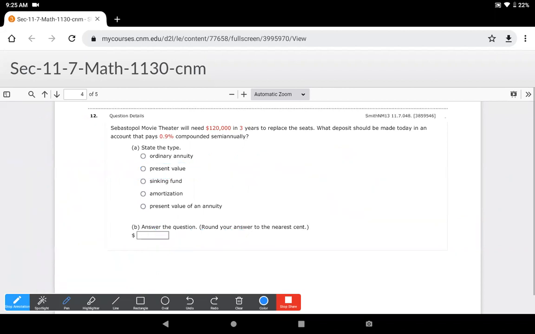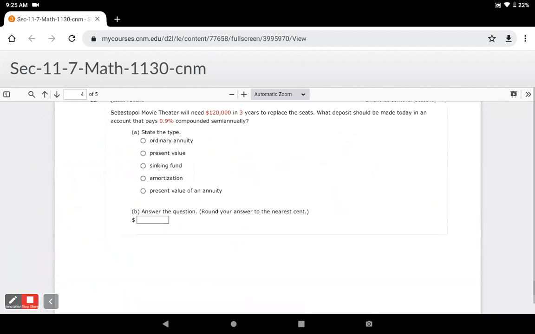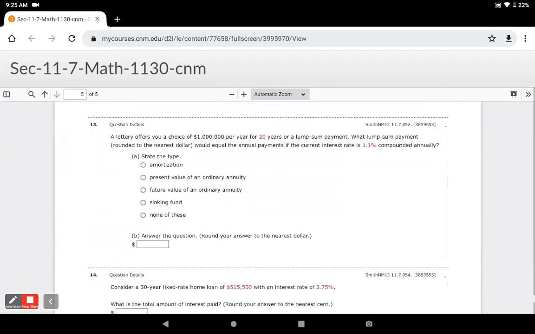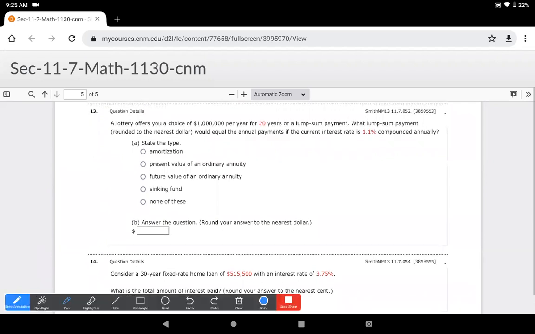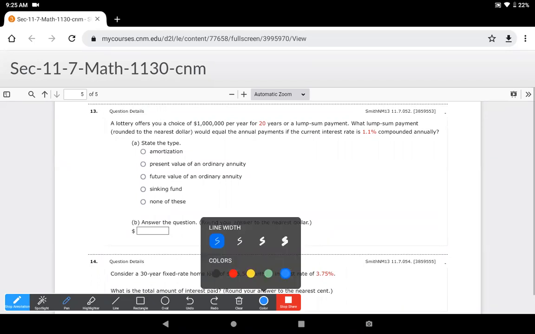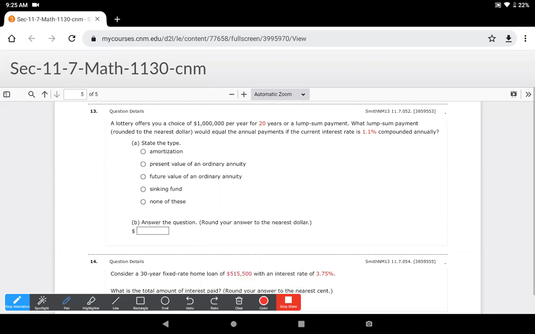And let's clear that out. Number 13, last page. Woo woo. Number 13, a lottery. Oh, I like these ones. A lottery offers you a choice. I wish there was more color choices for me to write in. A lottery offers you a choice of $1 million per year.